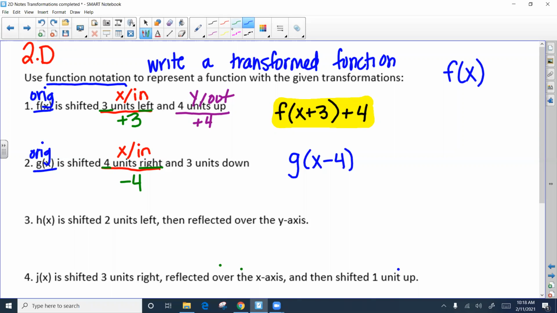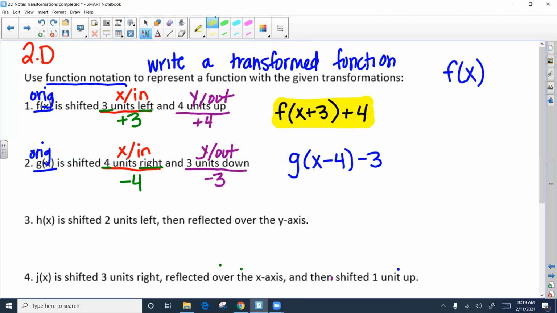But that's not all. There's another operation. This is also shifted 3 units down. If something is shifted down, it's affecting the y values. So it's on the outside. And it would just be the operation that we see. So down would be minus 3. And that would be on the outside. So I would put the minus 3 on the outside of our function.